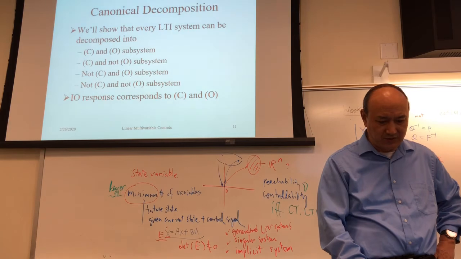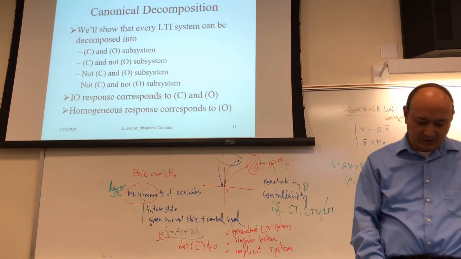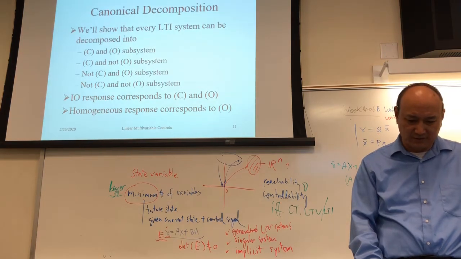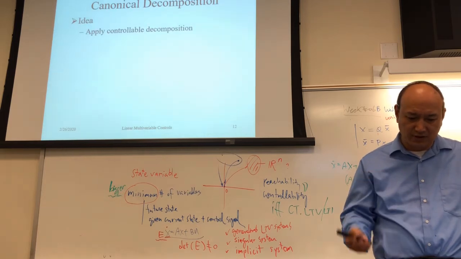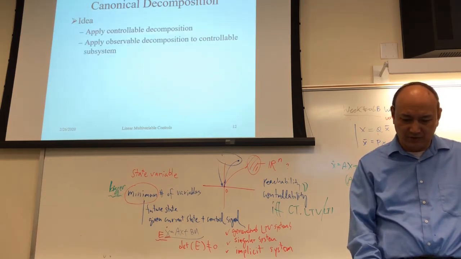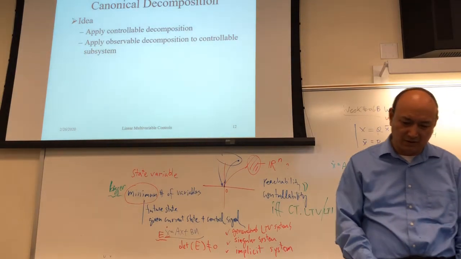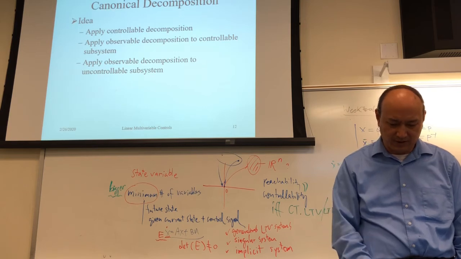And the homogeneous response only corresponds to the observable form, meaning the zero input response. So we do controllable decomposition, then we apply observable decomposition to the controllable subsystem. Then we apply the observable decomposition to the uncontrollable subsystem.